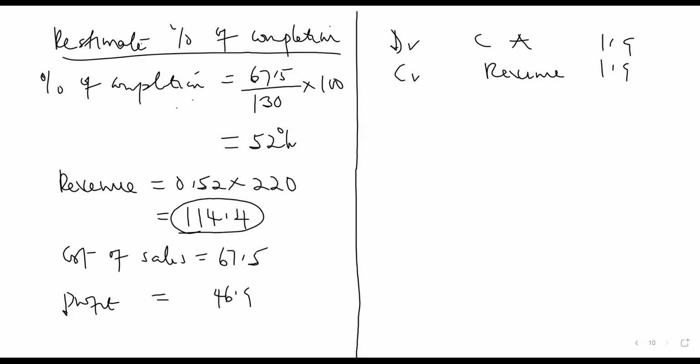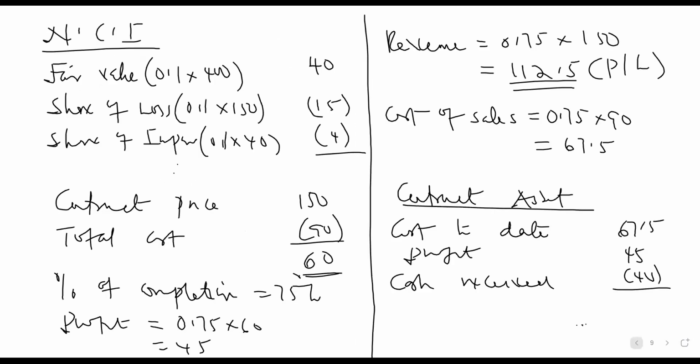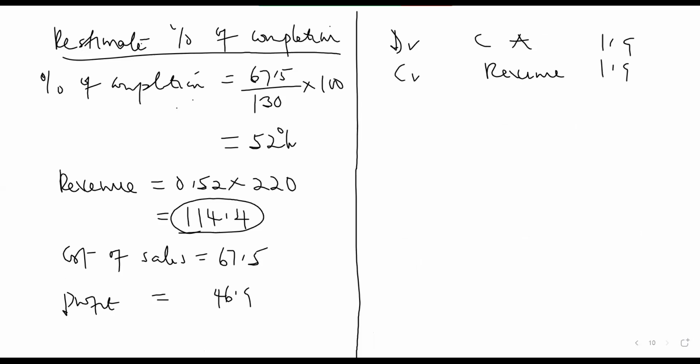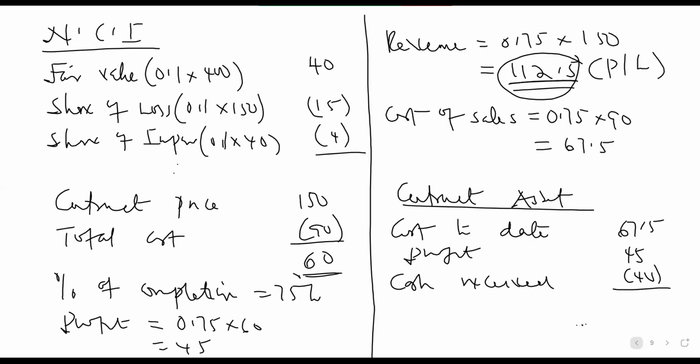The 1.9 is the difference between the first revenue that we recognized, which is 112.5, and the new one, which is 114.4.